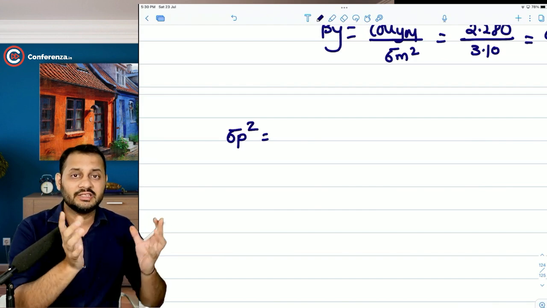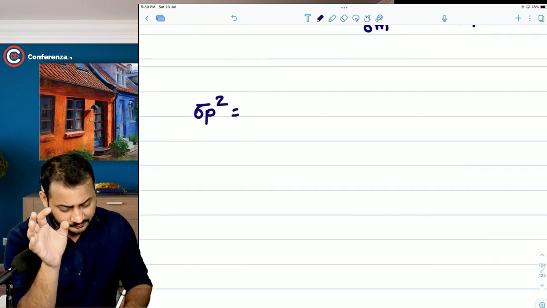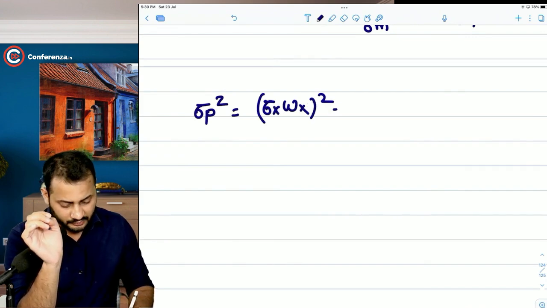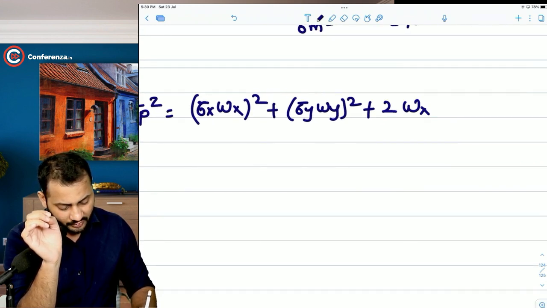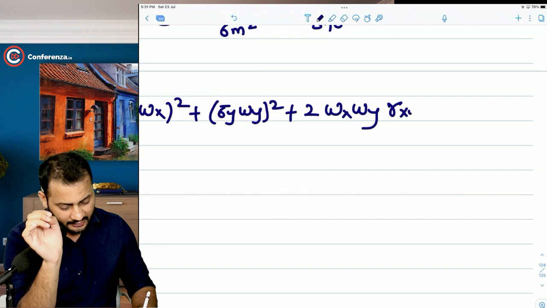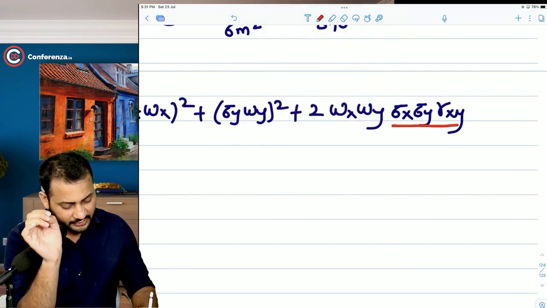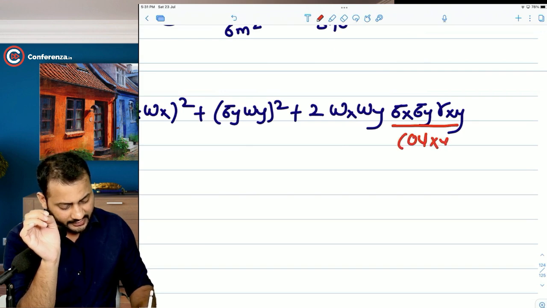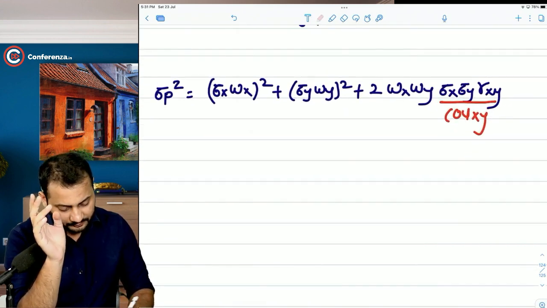The very first initial formula that we learned is standard deviation of X square weight of X square plus standard deviation of Y square weight of Y square plus 2 into weight of X weight of Y and RXY, or we can write standard deviation of X, standard deviation of Y, RXY. And in fact, in place of this much of the data, we can write covariance of X with Y. We have that figure in the table. So we have all the figures here.